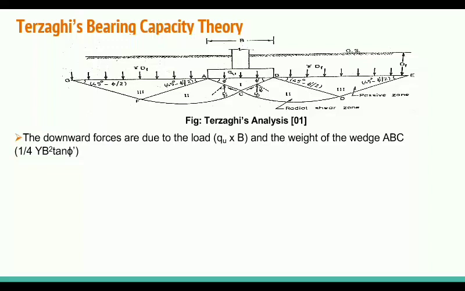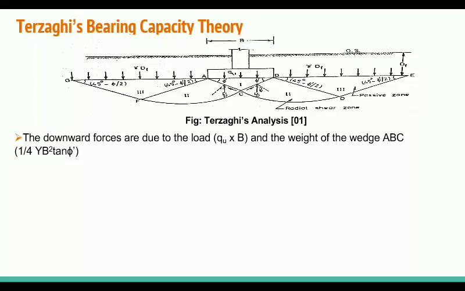The weight of wedge ABC we can write as 1 by 4 into gamma B square tan phi. How? Just calculate the area of triangle ABC, into length 1. So it will be the volume of this wedge, multiplied by the unit weight of soil. Gamma is the unit weight of soil immediately beneath the footing. So the weight of the wedge ABC is 1 by 4 gamma B square tan phi dash, where phi dash is the angle of shear resistance.